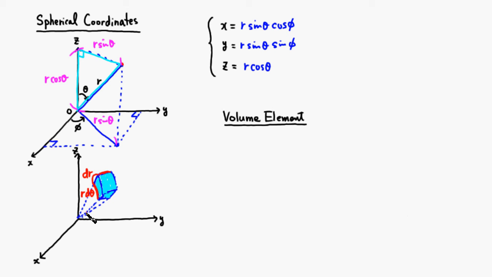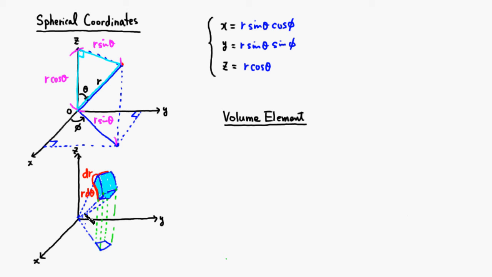Then if you want to find this one, this is a little piece of phi, so d phi, then the radius is r. Actually, I messed it up a little bit there. I have to project it down to the xy plane. In order to find the length here, we have to look at here.